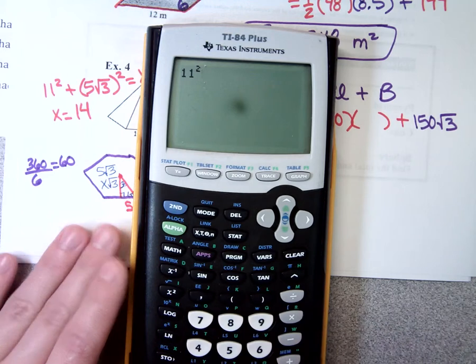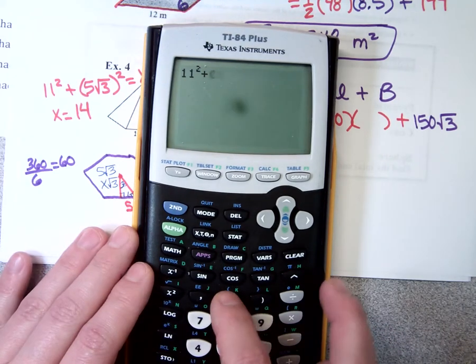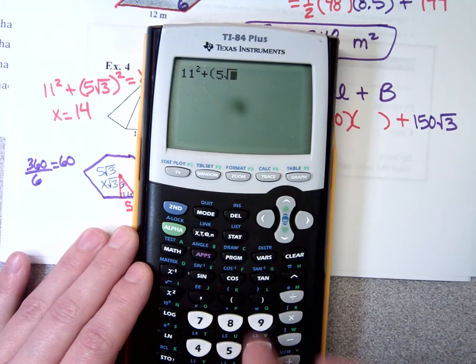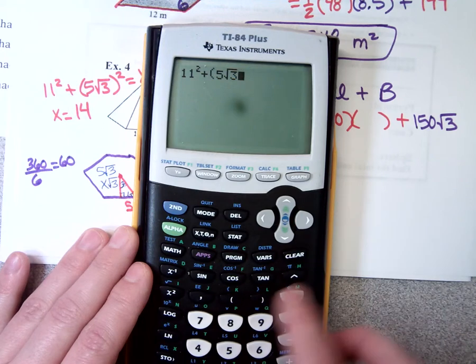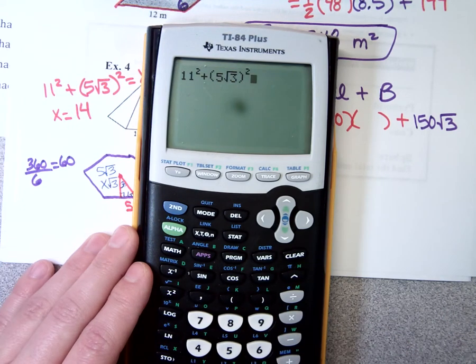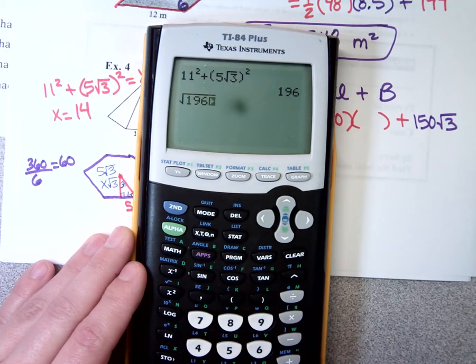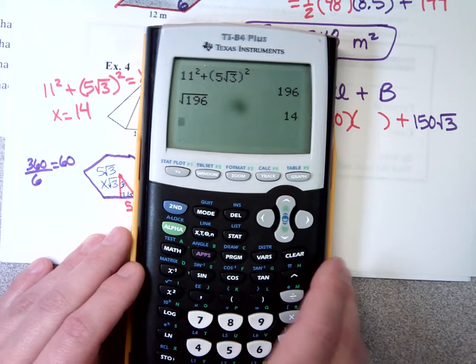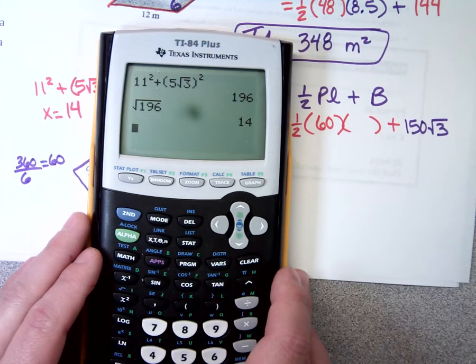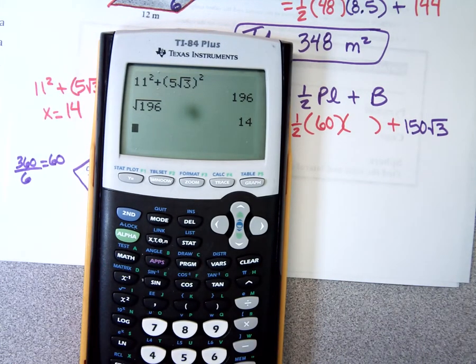I'm not going to use parentheses. But the 5 square root of 3, I am going to put that in parentheses and then square it and get 196. And then if I take the square root of 196, then I'll get 14. So there it is in the calculator.